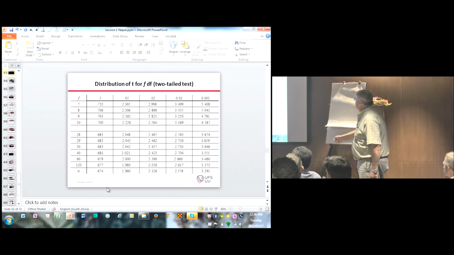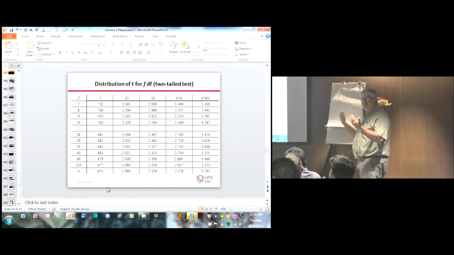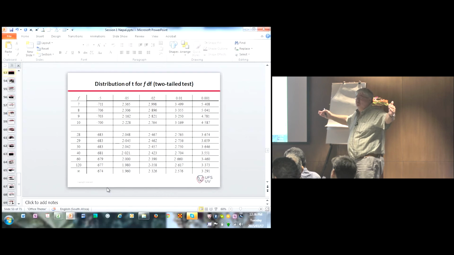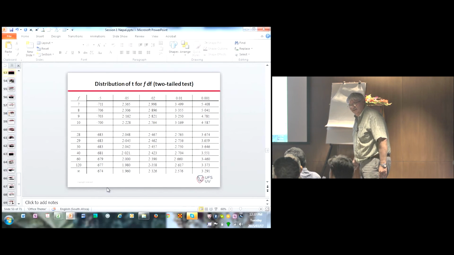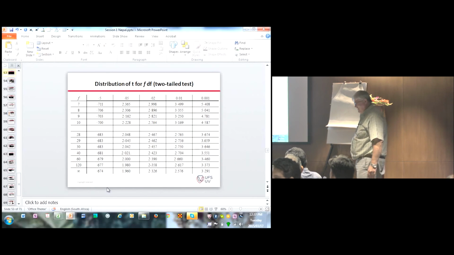So with 9 degrees of freedom, it's 2.16. It wasn't a bad guess, I'll say 2.2. So 2.16 is the value I have to multiply the standard deviation by to be sure that I have 95% of the population. Does that make sense? Okay. Right.